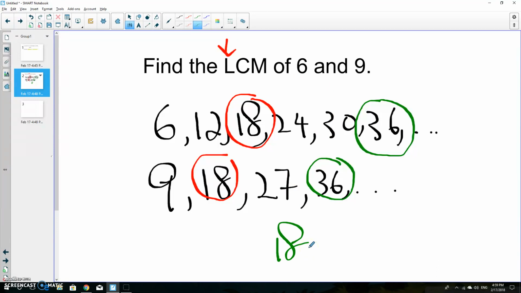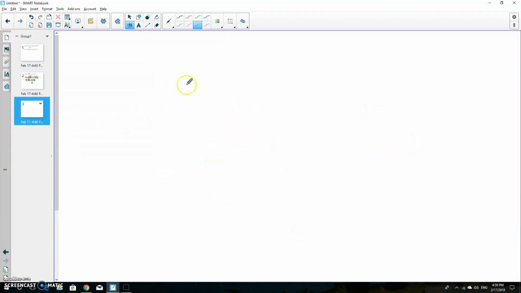And why is this useful as a calculation? Why is this useful for fractions? For example, I'll give you a very simple fraction calculation. We're just going to do 1 over 6 plus 2 over 9. I've seen a lot of crazy ways that this would be done by students.